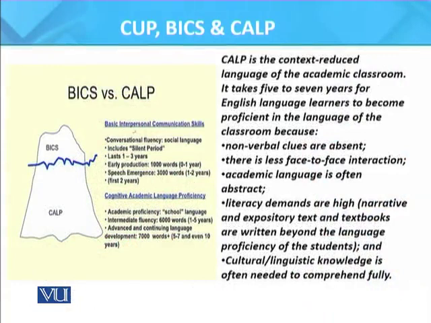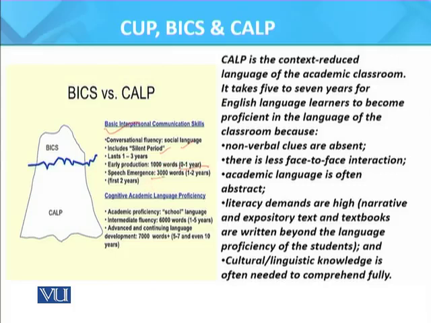So we see that in basic interpersonal communication, you have conversational fluency, which includes a silent period, because first the input is understood, and when some oral language input is given, the learner silently observes and listens and then develops this. Early production is 1000 words in 1 year.